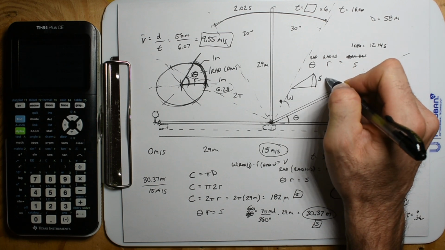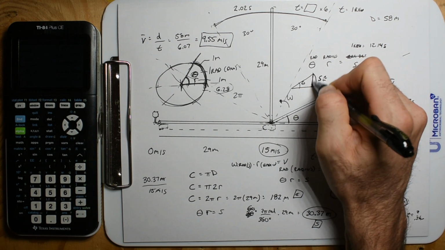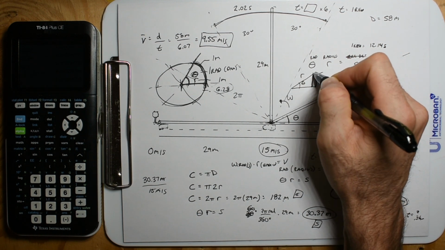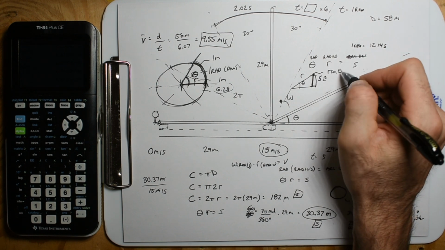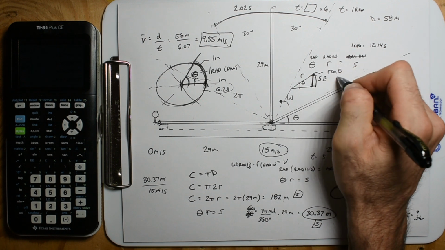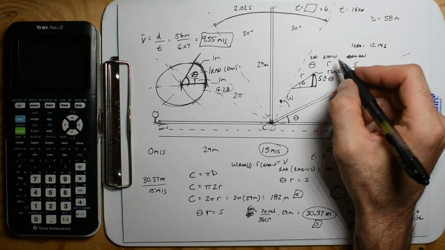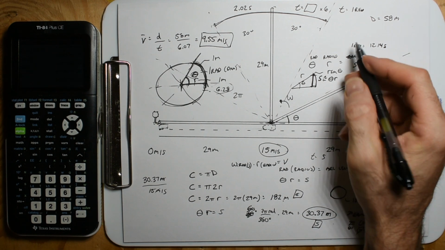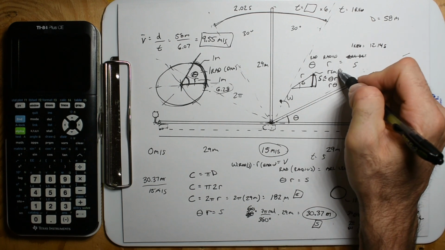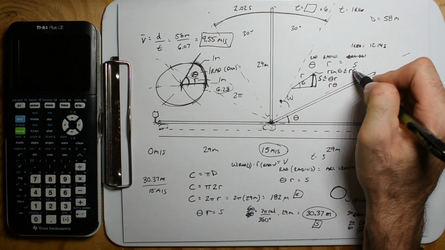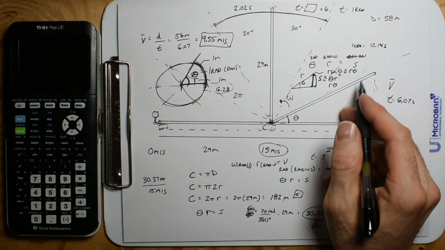This arc length s is basically equivalent to, if this is my angle, this is the sine, this is the radius, so this length right there is r sine of the angle in radians, and this arc length is just r theta. So you can see that r sine theta is equivalent to r theta, so you can kind of just drop the sine.